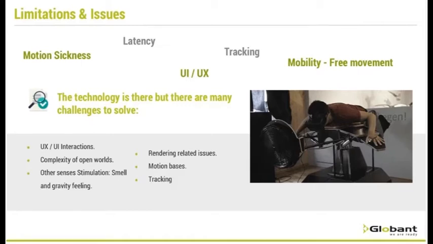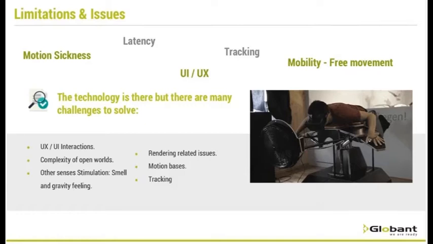But again, the traditional application of UI and UX doesn't apply quite well to the VR world. So it's another challenge that people are trying to solve, and it's something that is still really, really immature, and something that really needs a lot of work.